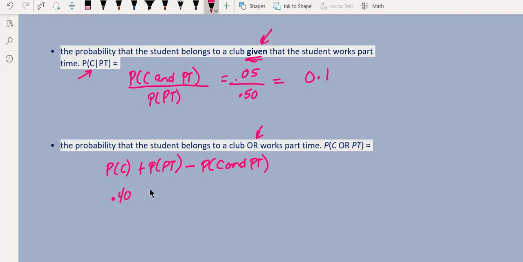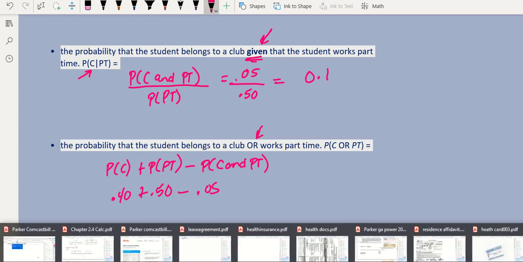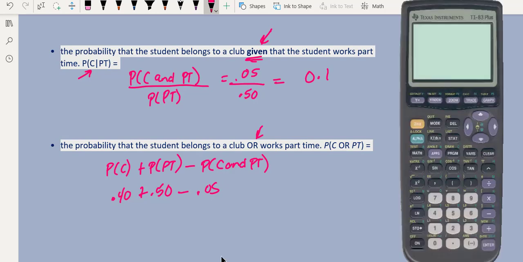The probability of part-time is 0.50, minus that intersected space, which would be minus 0.05. So when we put this in our calculators, we have 0.40 plus 0.50 minus 0.05, and that will give us 0.85.